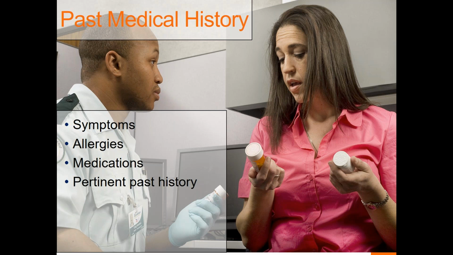When we get past all of this and I'm doing my ongoing assessment and rapport building with my patient, if she wants to talk to me about anything under the sun as far as medical history goes, I will be happy to entertain that discussion. But at this point in time, it's all about business. I'm at the business right now of figuring out what's going on. So I need to know pertinent past history.